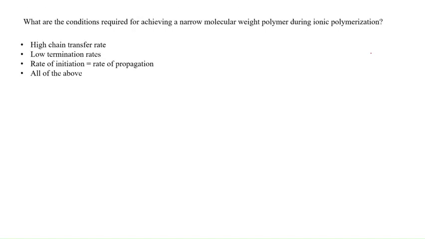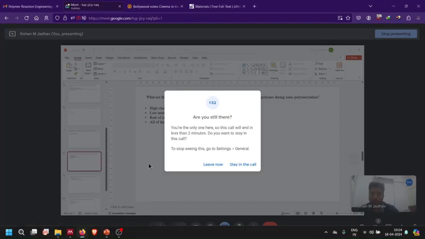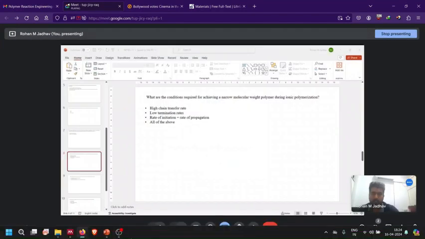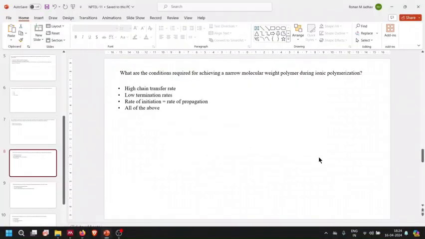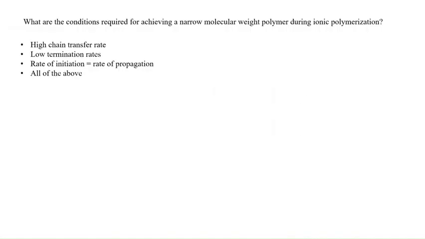What are the conditions required for achieving a narrow molecular weight polymer during ionic polymerization? For this, what you need to do is have a low termination rate, and the rate of initiation should be equal to the rate of propagation.